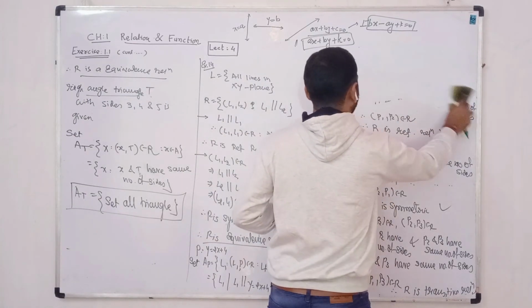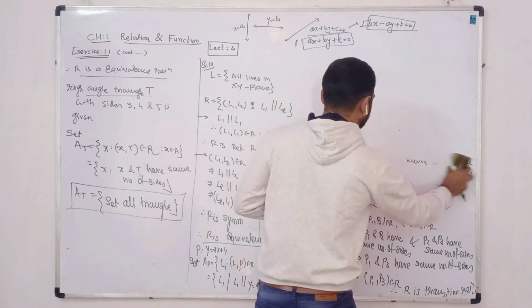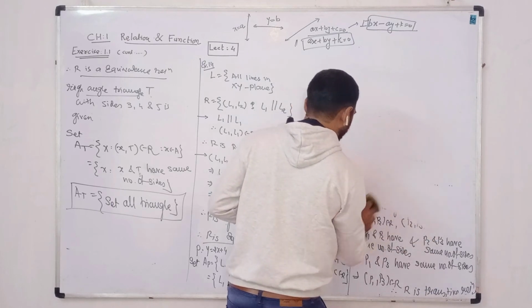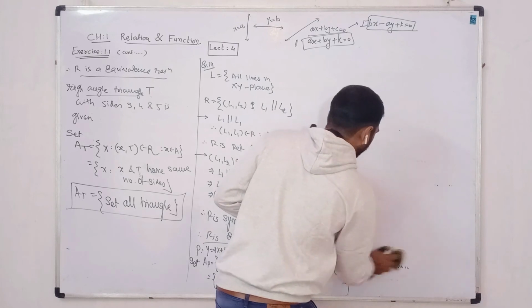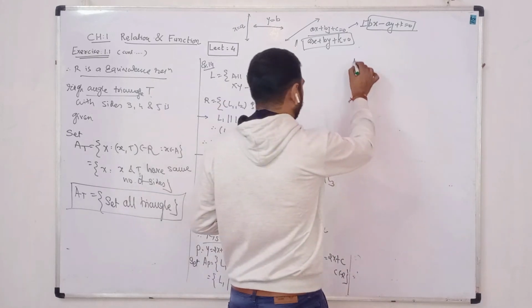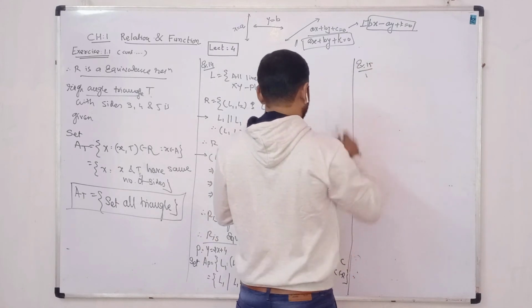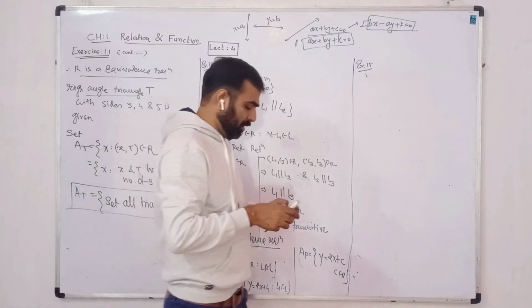So first of all, what is given in MCQ number 15: let a relation R be defined on a set {1, 2, 3, 4}, and the relation is given. You have to identify whether it is reflexive, symmetric and transitive or not.